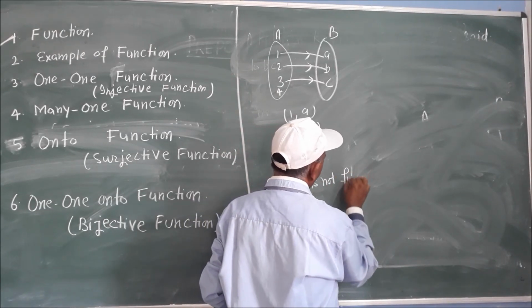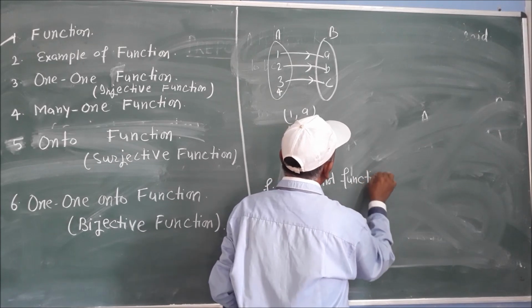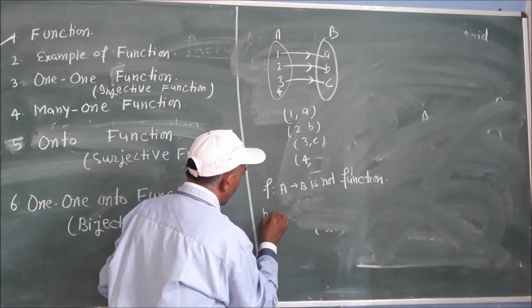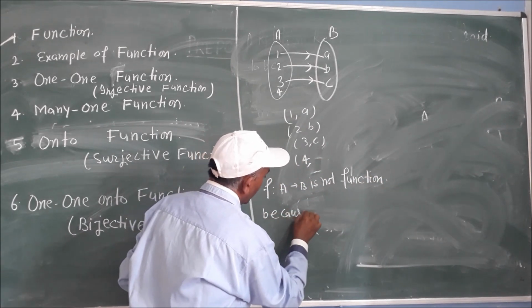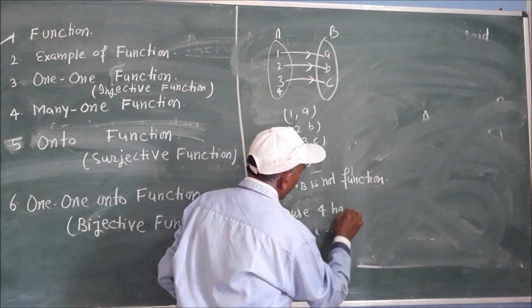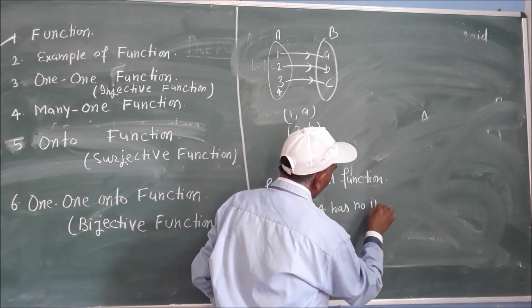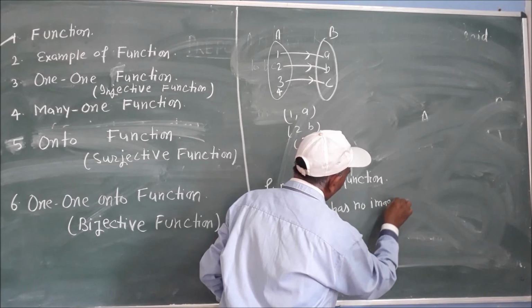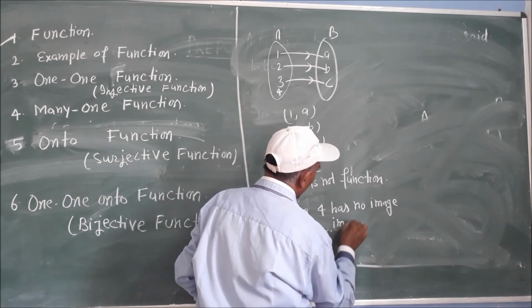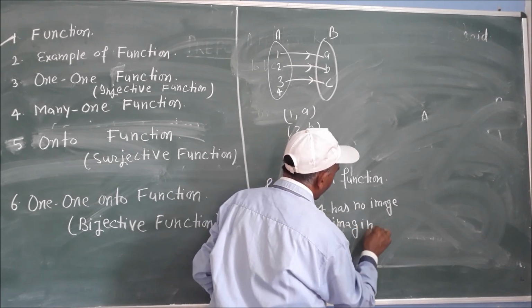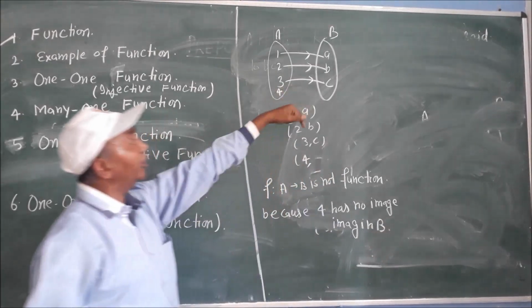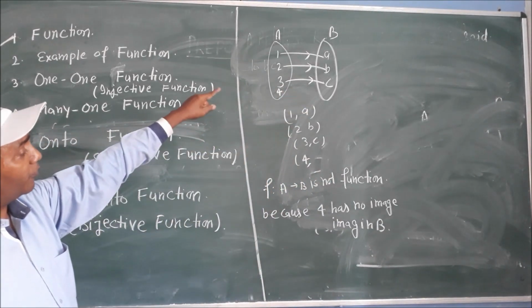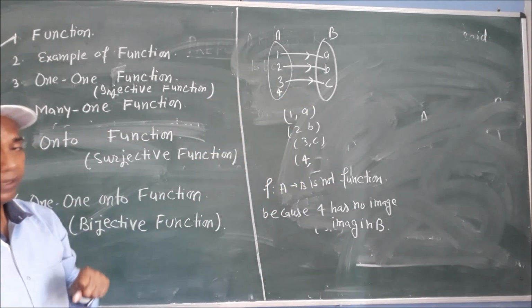Why not a function? Because 4 has no image in B. 4 का B में कोई भी इमेज नहीं है तो हम लोग कहेंगे यह फंक्शन नहीं होगा.